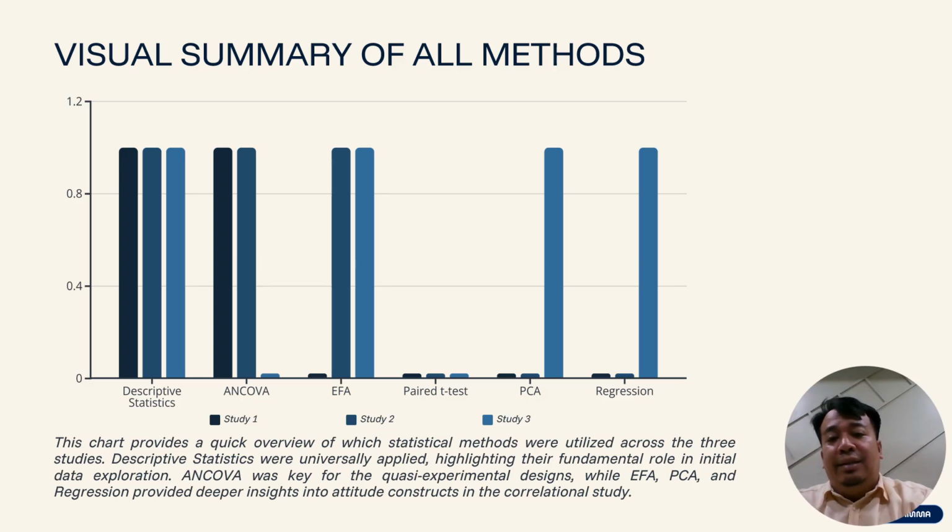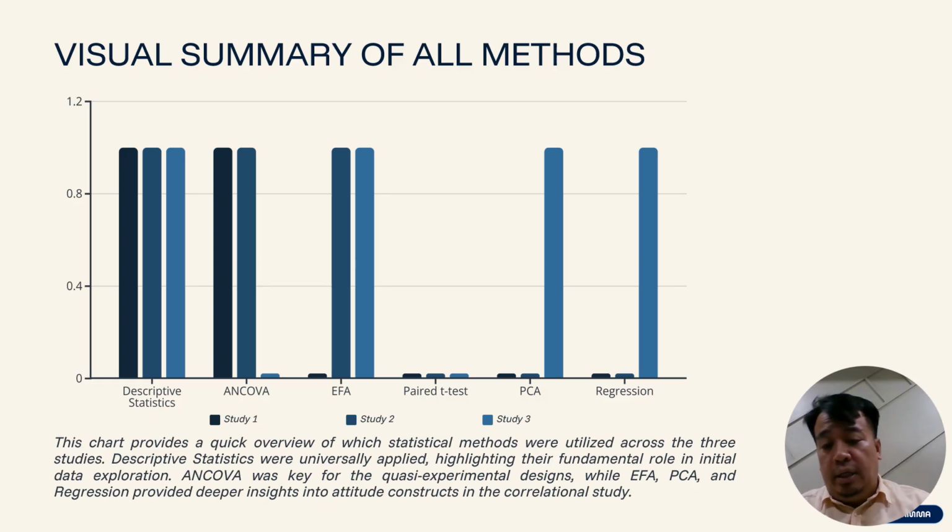Let's summarize the statistical methods used in all three studies. Descriptive statistics were used in every study. They help to describe basic trends in the data. ANCOVA appeared in both the first and second studies, ideal for analyzing group differences while controlling for the pre-test score. EFA was used in studies 2 and 3 to validate questionnaires and identify underlying factors.